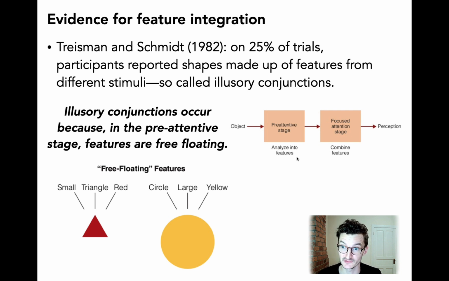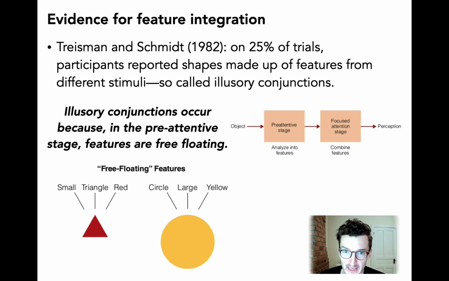Now, if your attentional system is taxed, is stressed, then these features might be bound together in ways that actually don't reflect reality. And that's exactly what they saw in this study. Very cool results and very compelling evidence for feature integration theory and the notion that attention solves the binding problem.